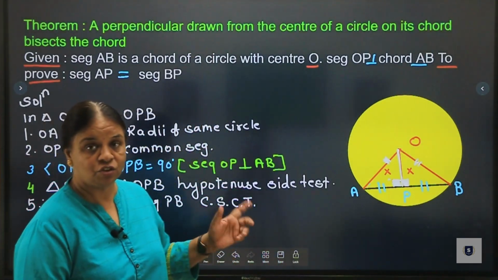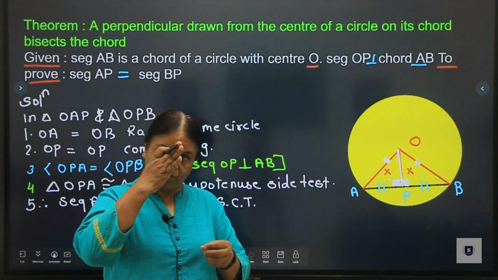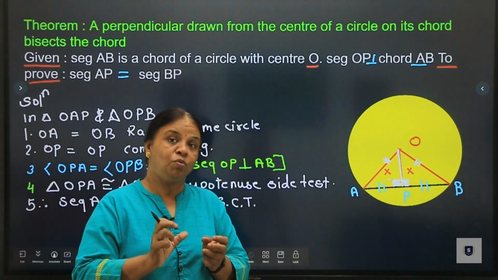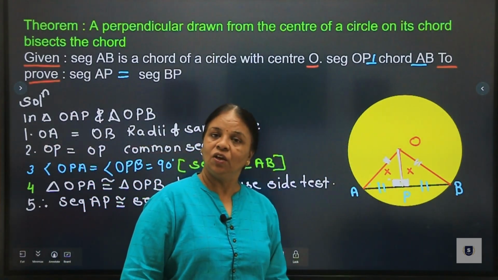And in the activity also we saw before this that when a perpendicular is drawn, it bisects the chord. So when we measured, we found both the sides equal. Since OP is perpendicular, it bisects the chord.